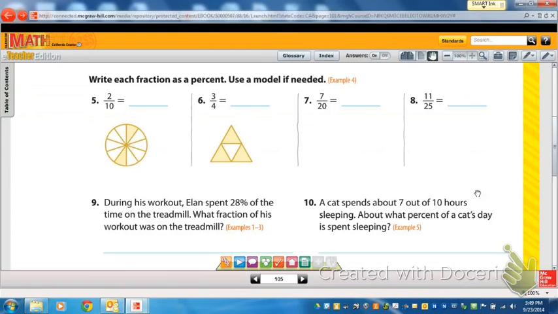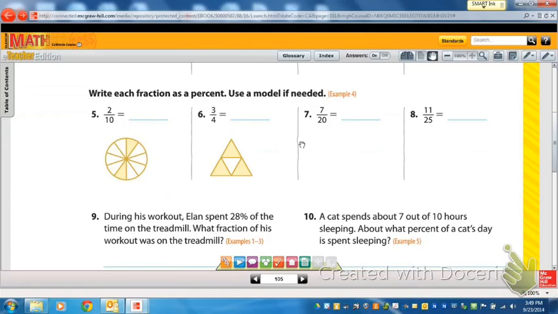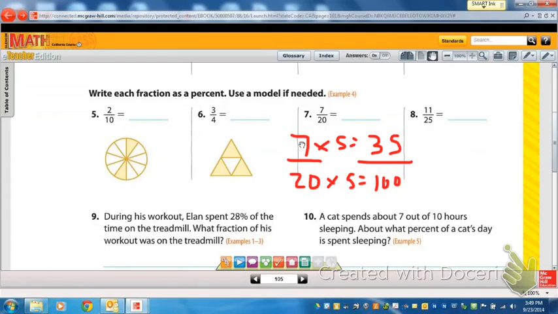For number 5 through 8, write each fraction as a percent. Use a model if needed. So let's take a look at number 7. We have 7/20. One way is I can multiply 20 times 5 to get 100, and 7 times 5 to get 35.